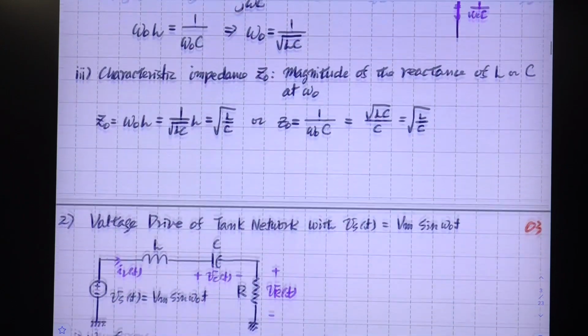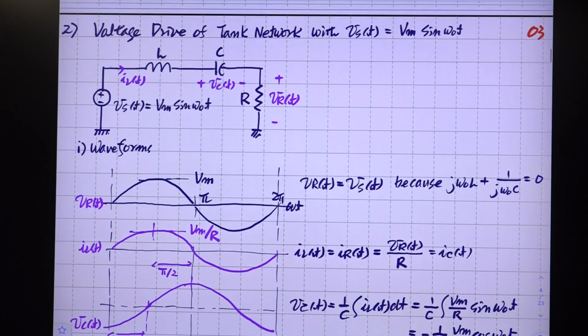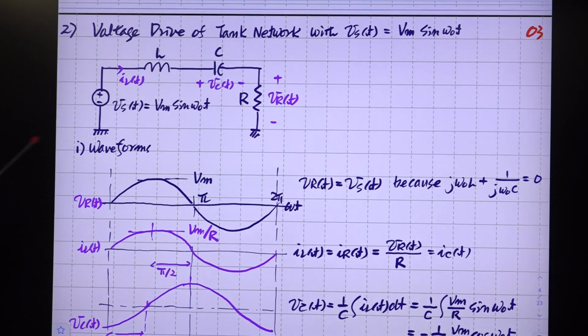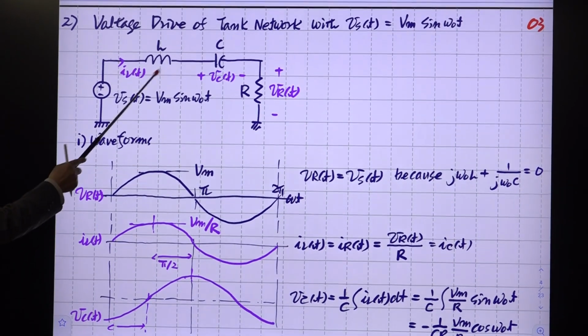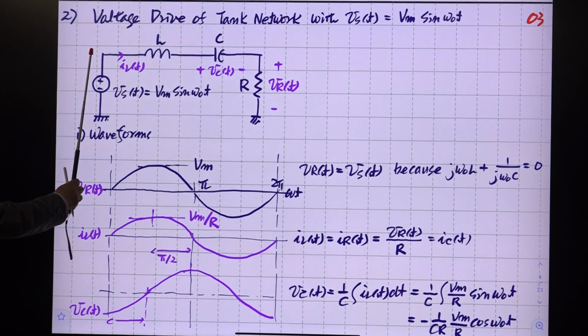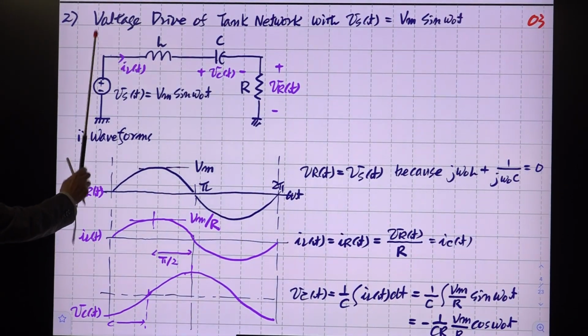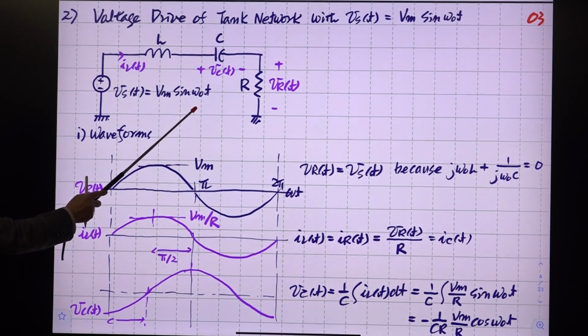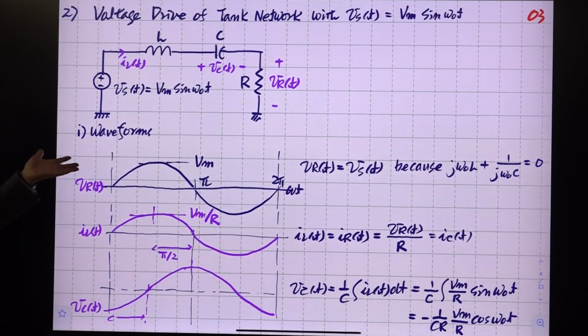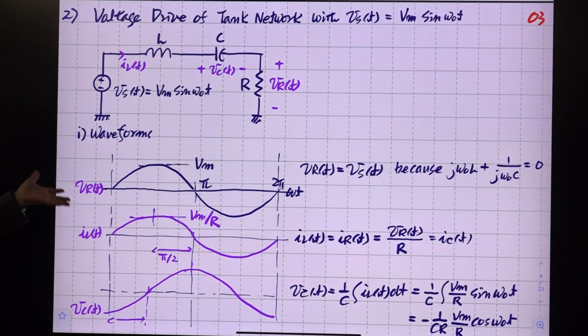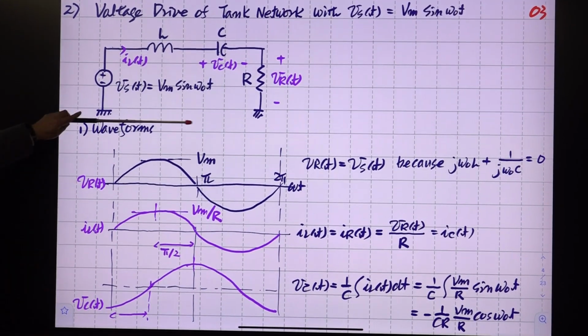This is easy, and it's very interesting to have this situation. We have this RLC resonant circuit excited with a sinusoidal waveform at the resonant frequency. This is a special case, but extremely important, and many concepts are developed from this setup.